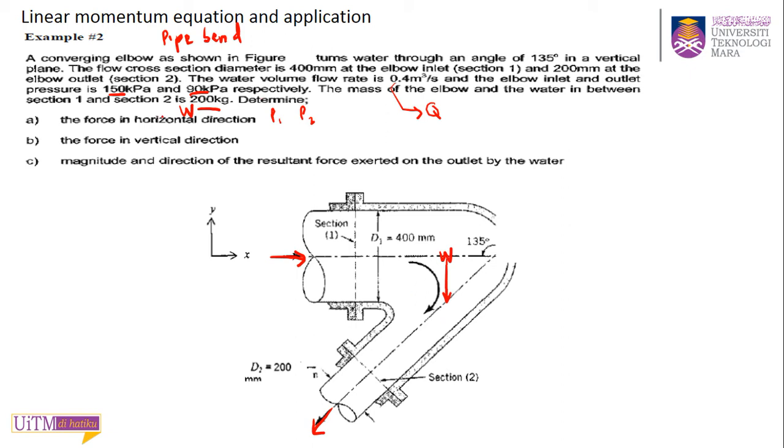Then determine the force in horizontal direction, Rx, and the force in vertical direction, Ry, and the magnitude of the resultant force and also direction. Okay, so they give you the reference axis. To the right X is positive and upward is positive.